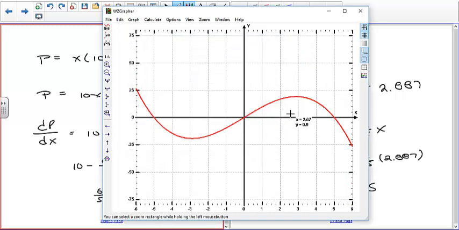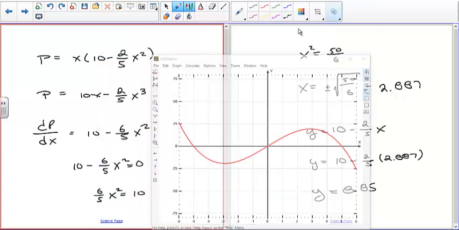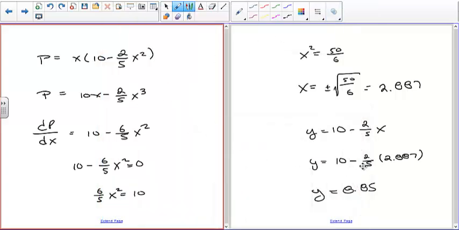And so we have a maximum right here, which is at x equals 2.88, and y equals, well, this y is not the y that we're talking about here. This is actually the product. But we did find the value of x. So as long as I did this math correctly, we're good.